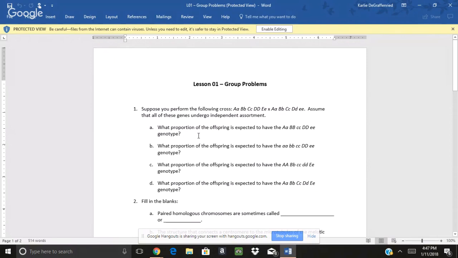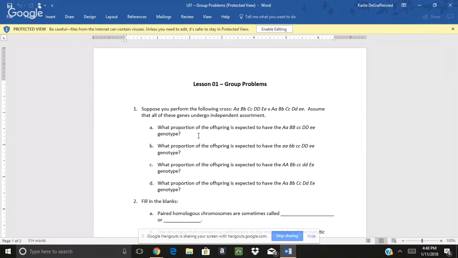A, what proportion of the offspring is expected to have the heterozygous A, uppercase B, lowercase c, lowercase c, dominant D, and lowercase e? What proportion is expected to have each genotype?